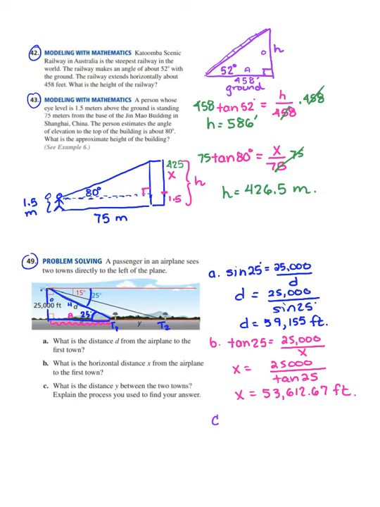Then part C, what is the distance y between the two towns? Aha. So in order to do that one, we're going to have to deal with this triangle. Actually, you know what?